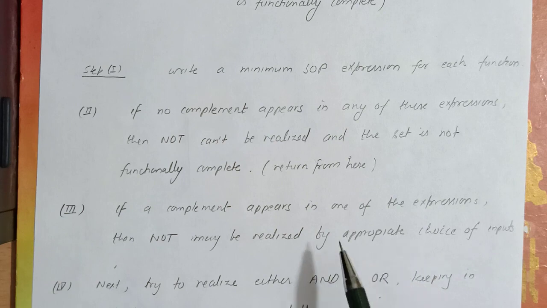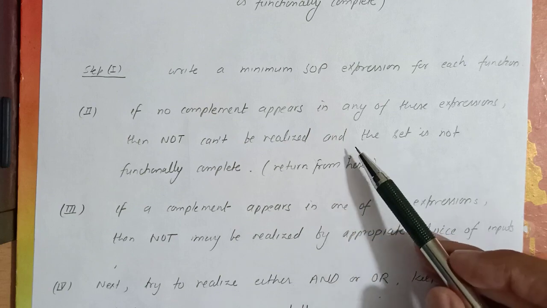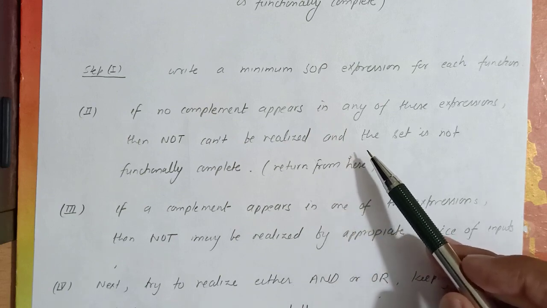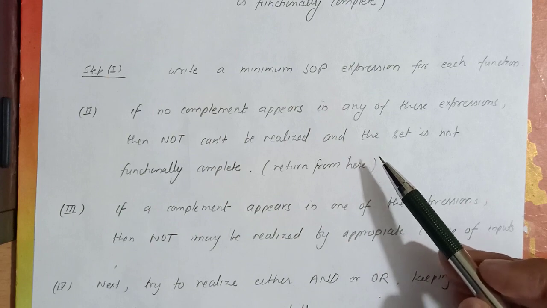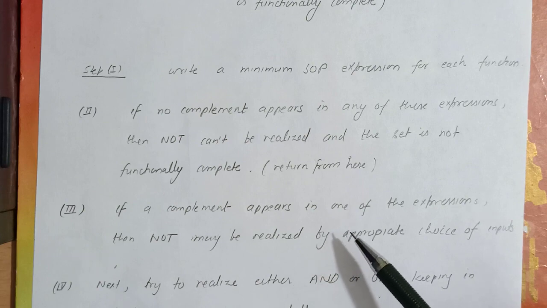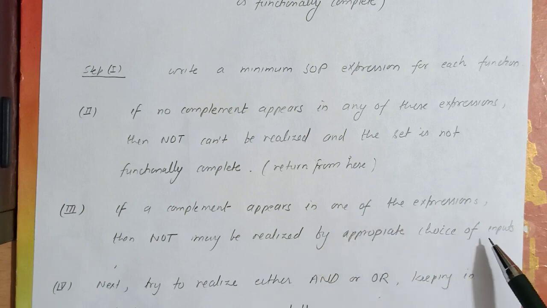So do remember, if there is no complement in any of the expressions, then we can simply conclude that NOT cannot be realized. If a complement is present, then we will make an appropriate choice of input so that NOT can be realized.